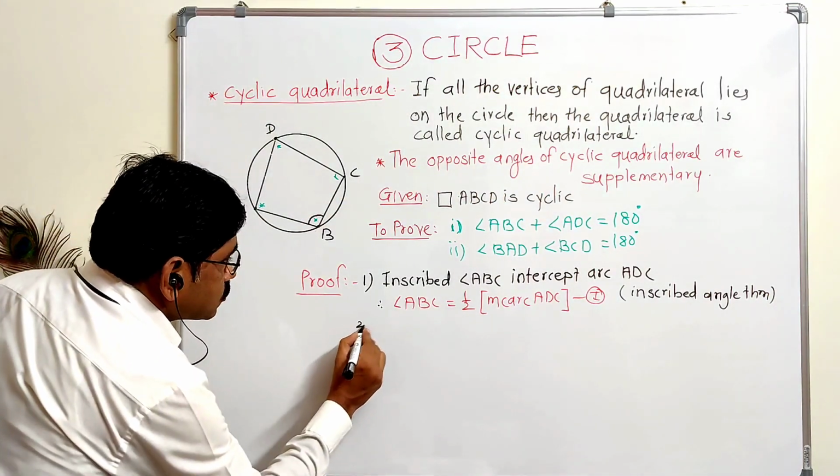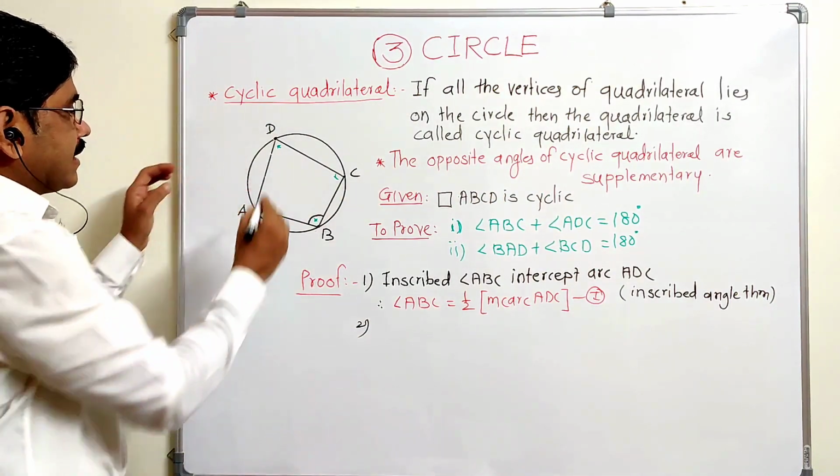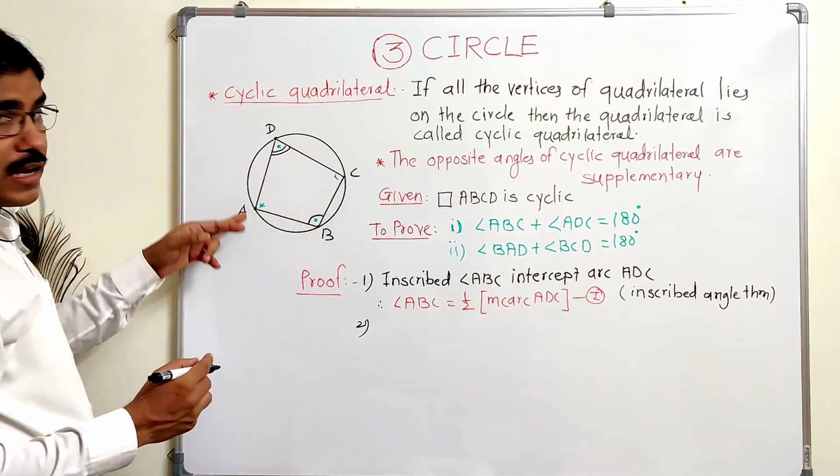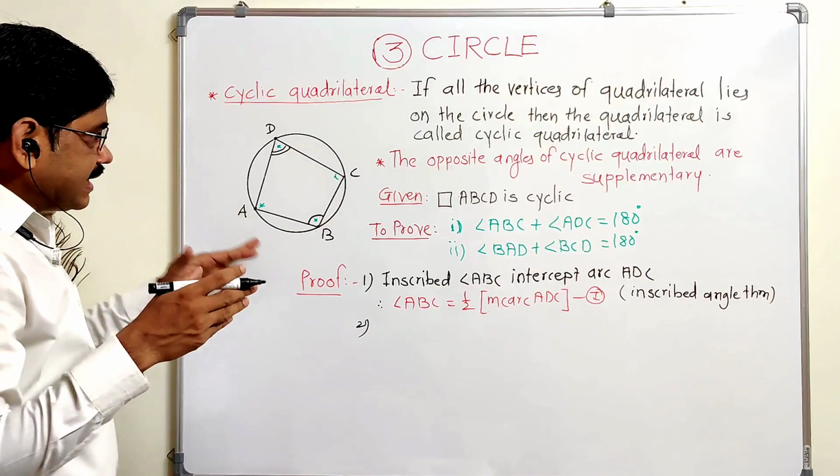Second step, use this angle ADC. Angle ADC intercepts which arc? Arc ABC, the arc which is in the interior of that angle.